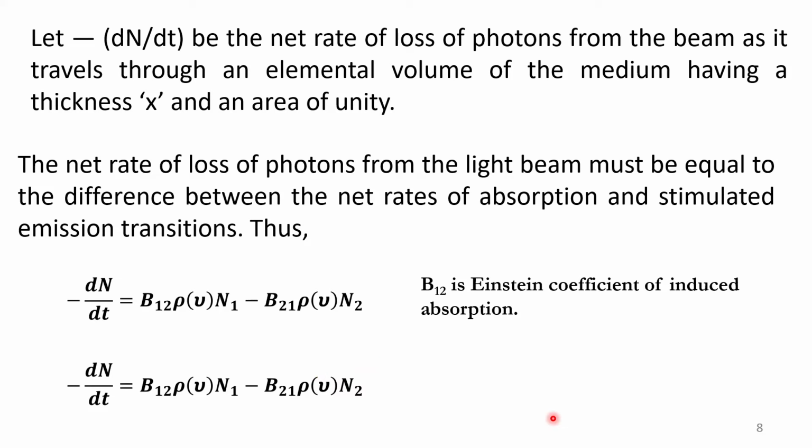Here B12 is the Einstein coefficient of induced absorption, B21 is the Einstein coefficient of stimulated emission, rho nu is the density of the incident radiation, and N1 and N2 are the populations of the atoms at the ground state and excited state energy levels, that is E1 and E2.